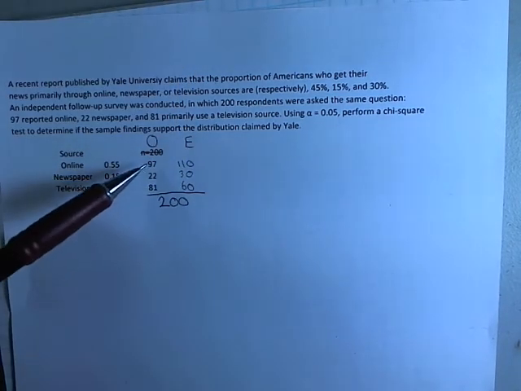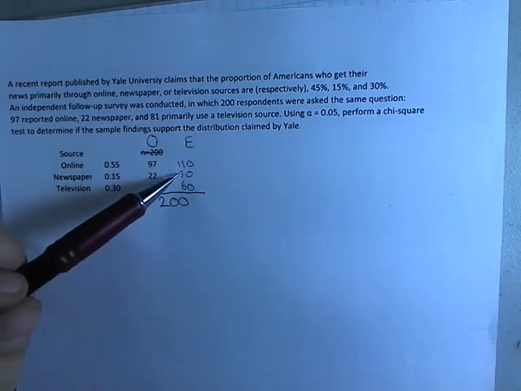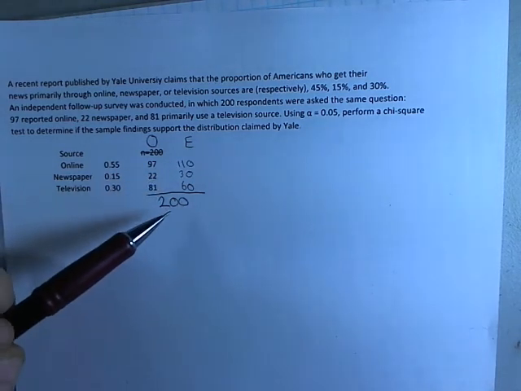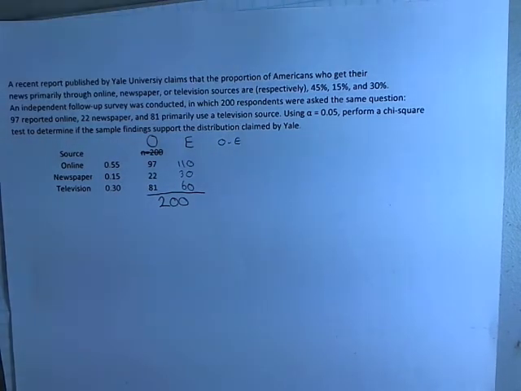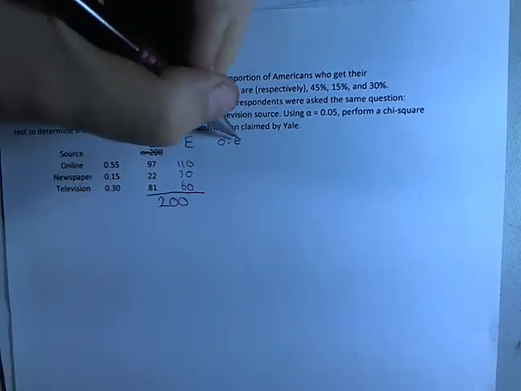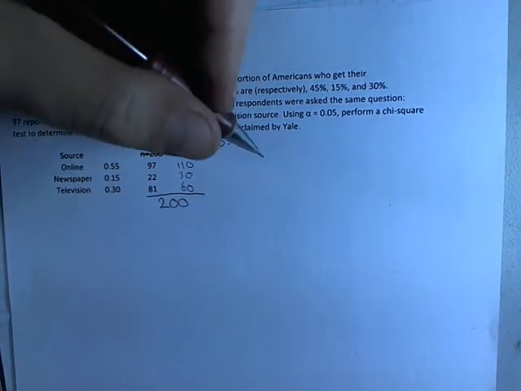So we'll double check our math. These add up to 200, and 110, 30, 60 adds up to 200. Our next step is to calculate the difference between each observed and expected value pair.